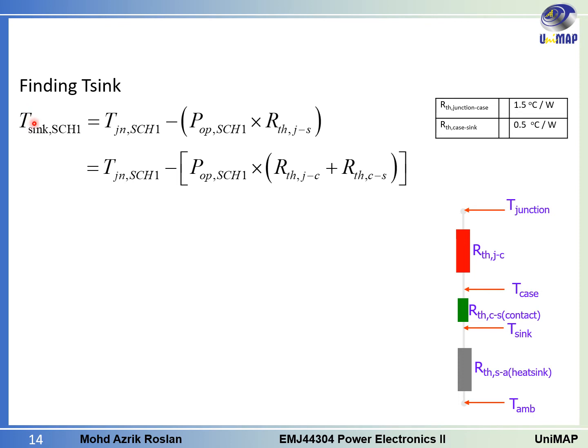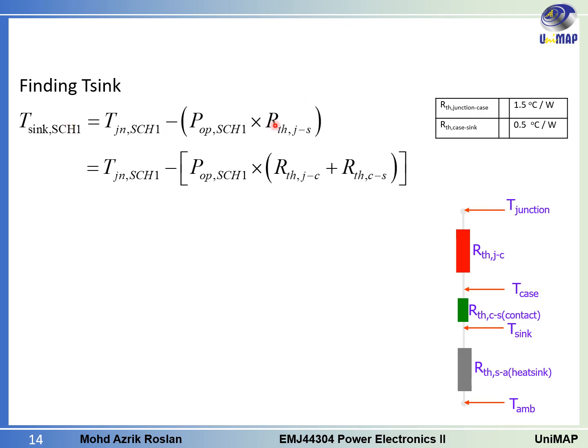Let's say if you want to find the case temperature, T case, you just use this value 1.5. But in this case, because we want to find the sink value, from the junction we have to use the Rth junction to sink. Why junction to sink? Because we want to find the heatsink temperature.